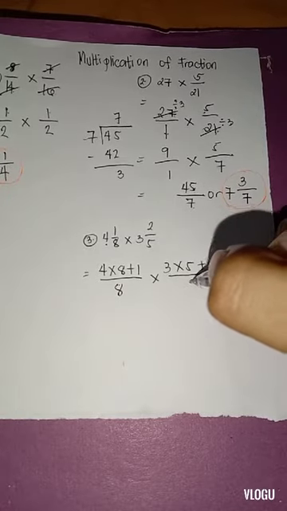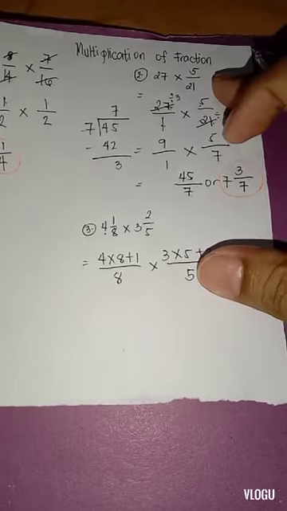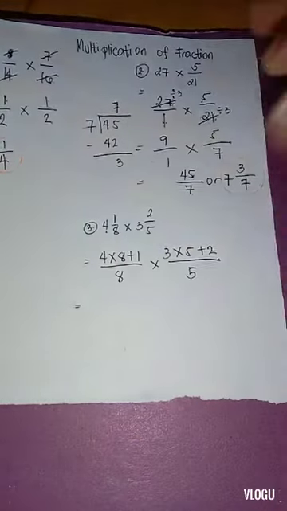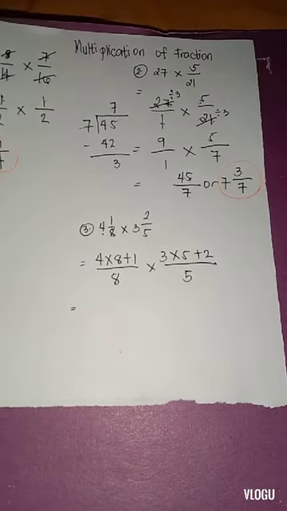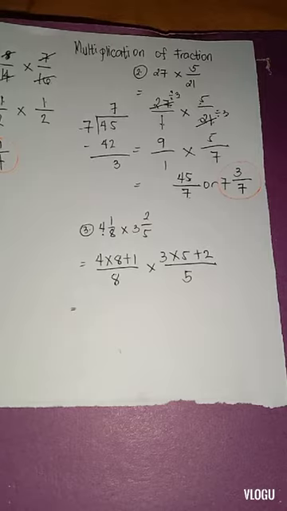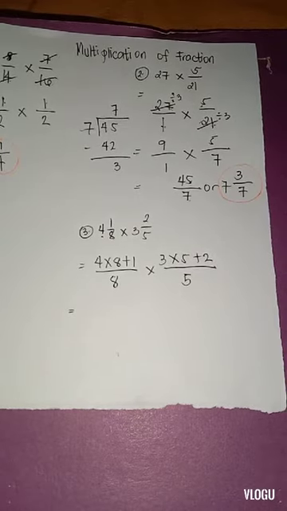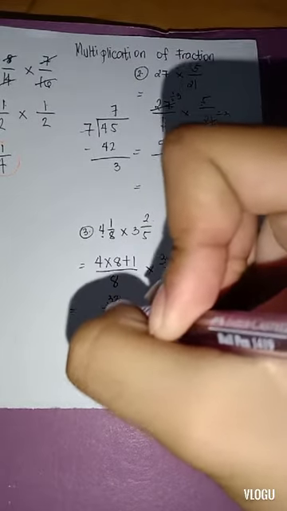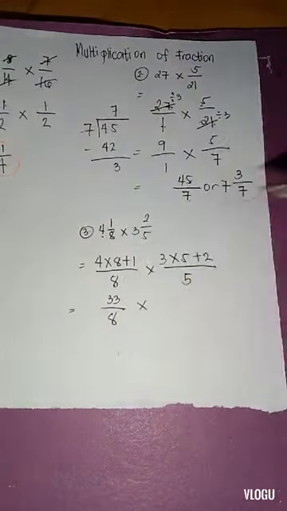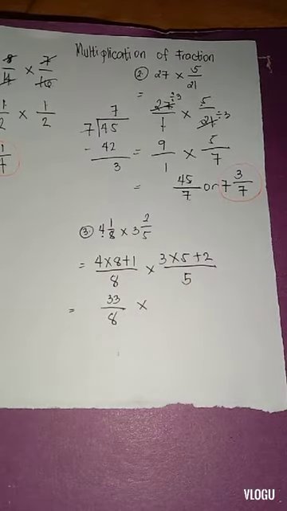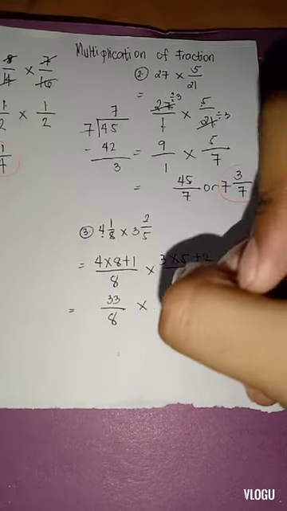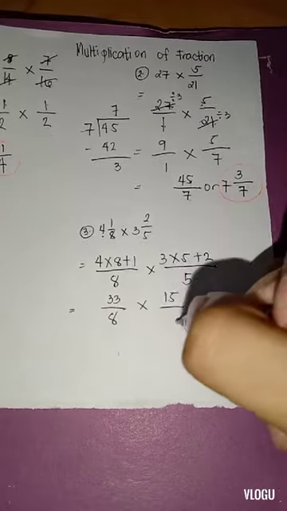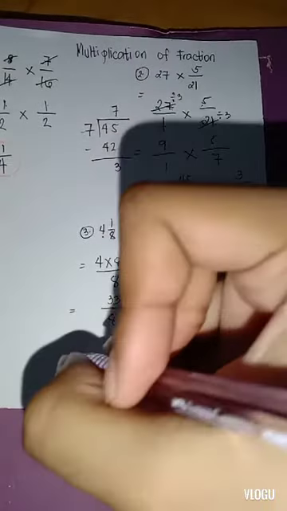Then copy denominator. So kapag na-multiply natin, pwede na natin siyang gamitan ng cancellation method. So 4 times 8, we have here 32 plus 1 is equals to 33. So over 8 times 3 times 5 is 15 plus 2 is 17. And then we have here 5.